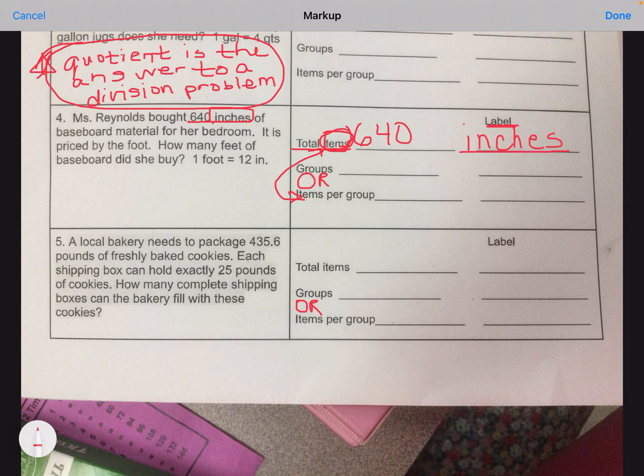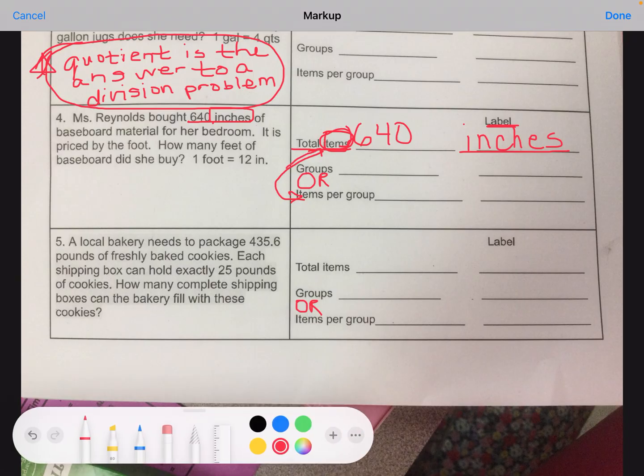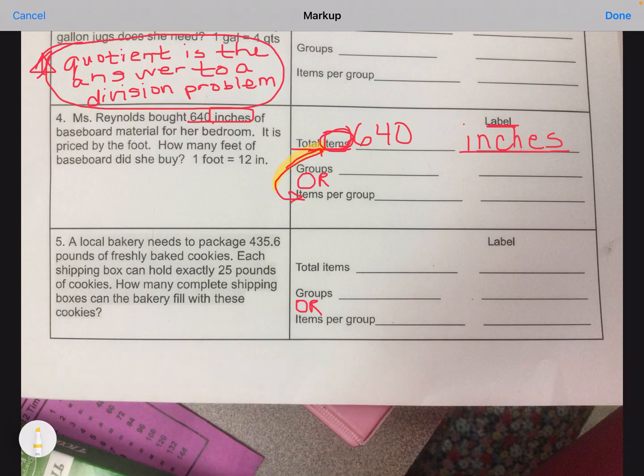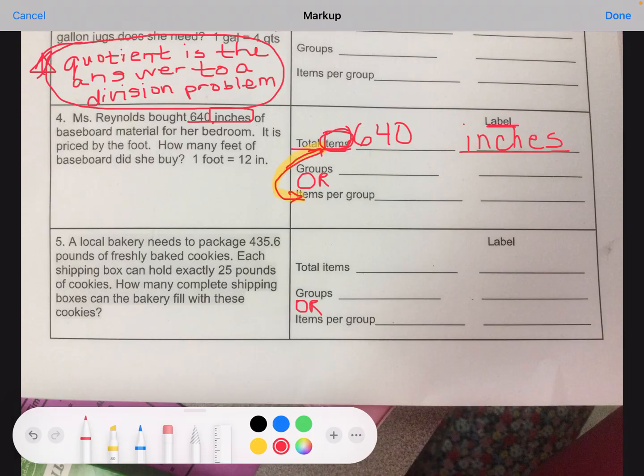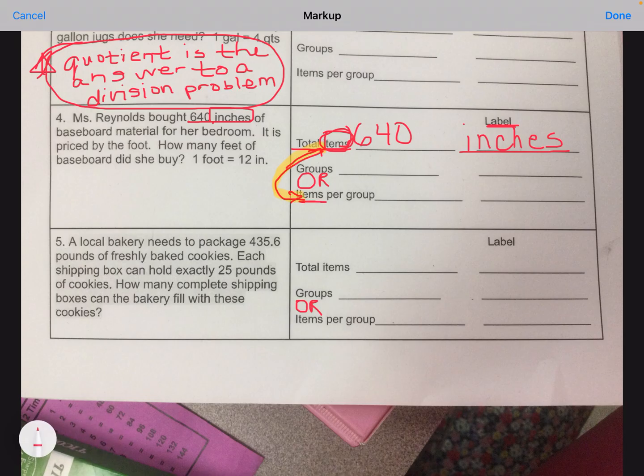So if my items are inches, come down here, follow this arrow. I'll highlight it. Follow the arrow. Down here also says items, right? So if it says items, it's talking about these items right here, the inches, okay? So I'm going to write inches.